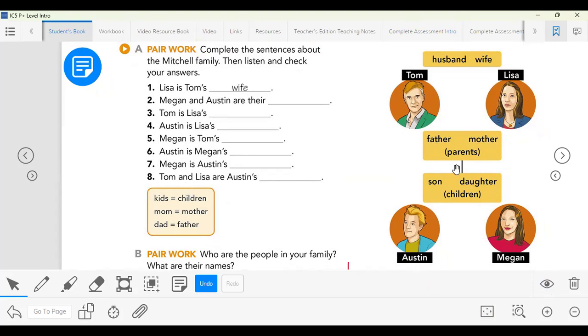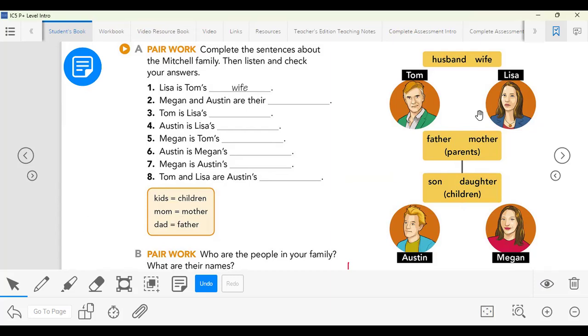Tom and Lisa are Austin's parents. Parents. You see? Excellent. So, the point is not to think in Spanish, right?